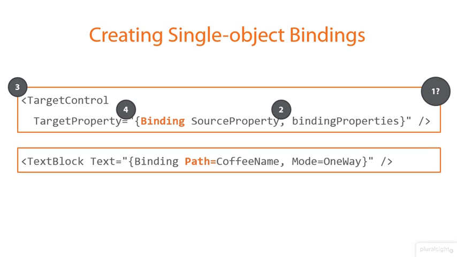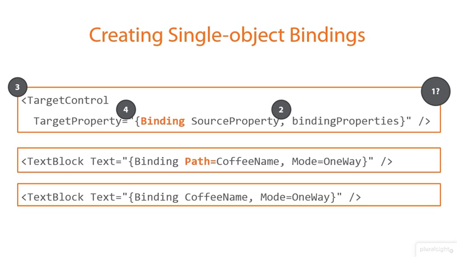We are binding it to the property CoffeeName, and we add Mode equals OneWay to the properties of the binding. Notice that here I'm using Path equals CoffeeName. This is the default way of writing the statement. However, if the source property is the first thing that you write in your binding statement, you can omit this, as you can see here in the last line of code.